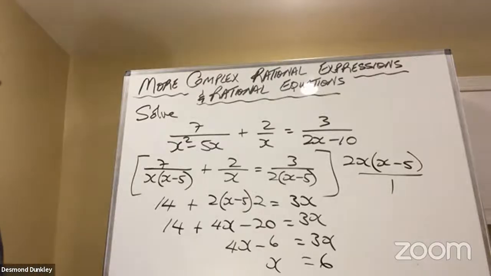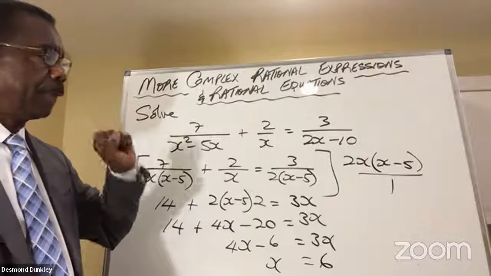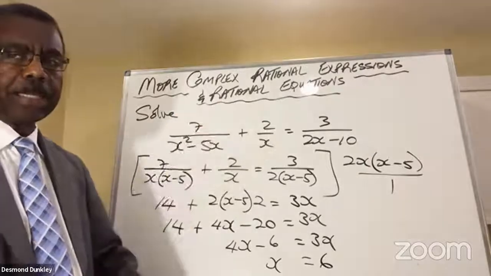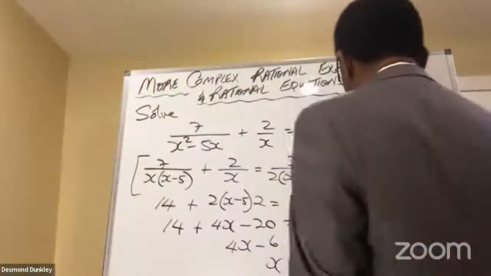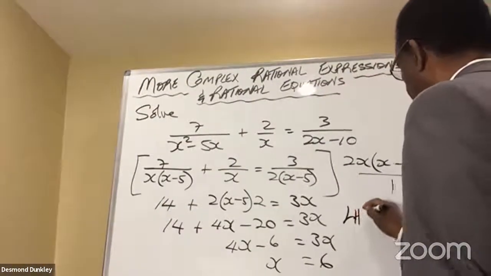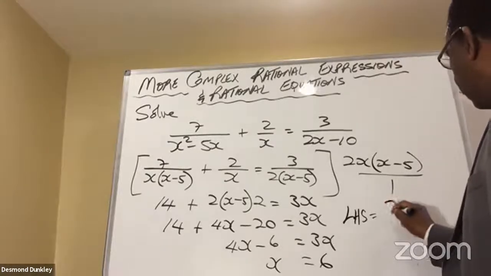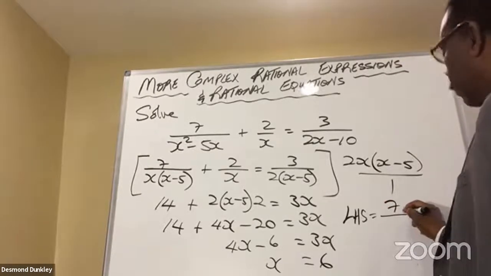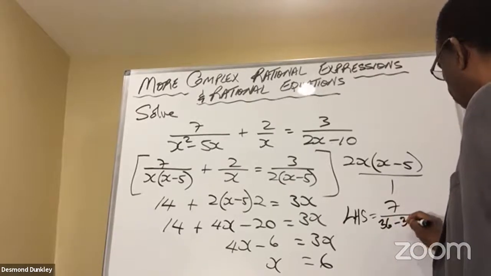Does that work? Well, let's check and see what happens. So we're going to plug in for x on the left, plug in for x on the right, and see if the left is equal to the right. Okay, so go left-hand side. Using 6, so 7 over 36 minus 30.